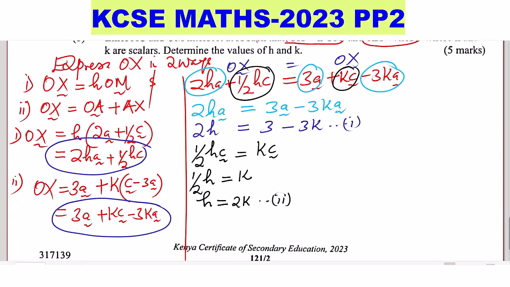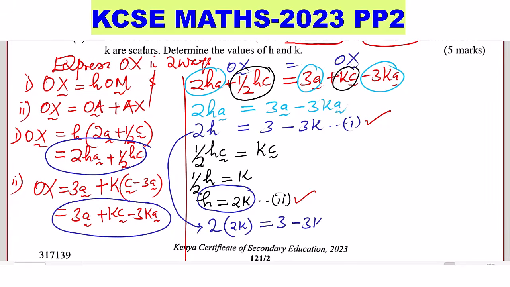So having those two equations, you can solve them simultaneously. I'll use substitution. What we have here is 2H. But what is H? H is 2K. So substitute H with 2K, which is equals to 3 minus 3K.